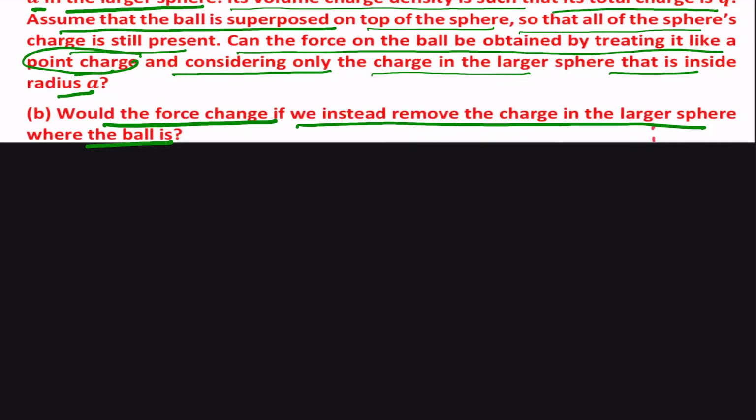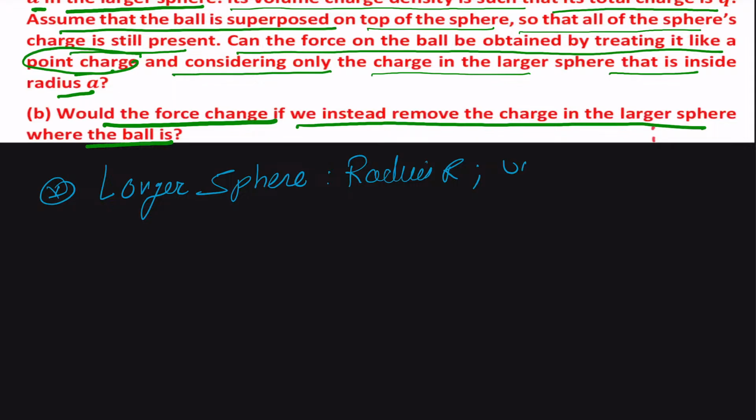And so in this question we are given lots of things, so let us figure it out. So we are given a larger sphere, its radius is r, and its volume charge density is rho.